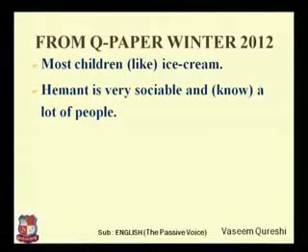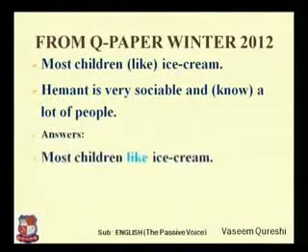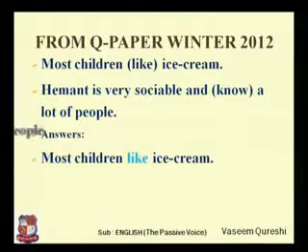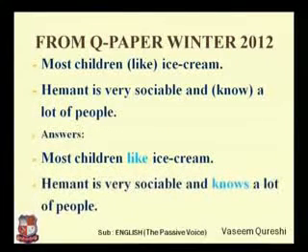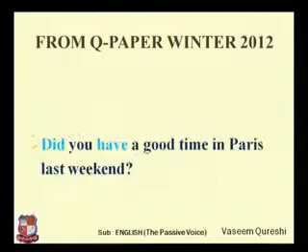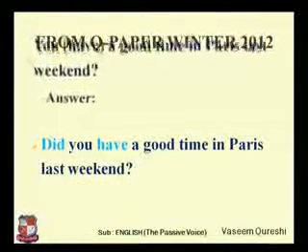So for the first sentence, it would be "Most children like ice cream." This would be the answer. And for the second sentence, the answer would be "knows." Hemant is very sociable and knows a lot of people. I love ice cream. My brother loves ice cream. In that way, you can identify the sentences and tenses.